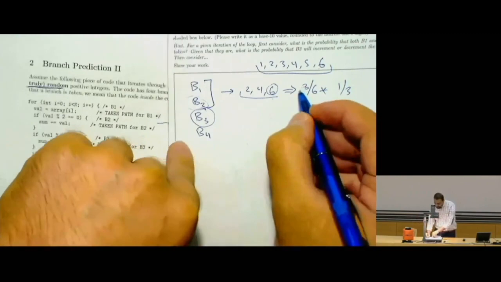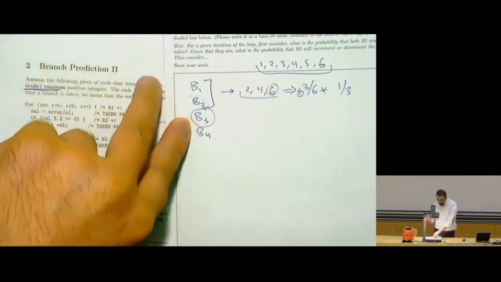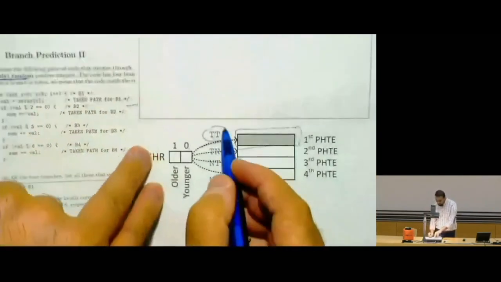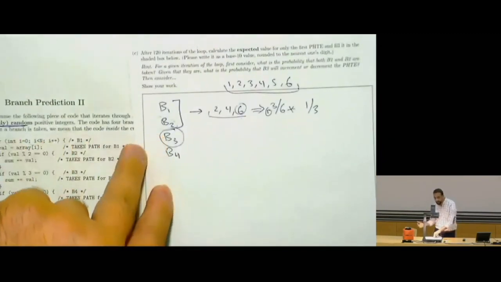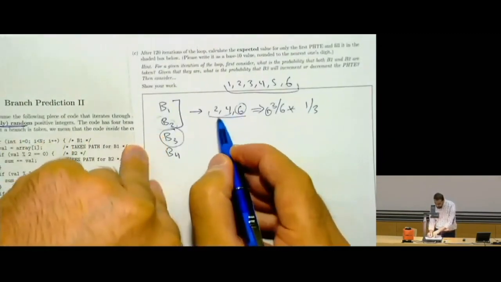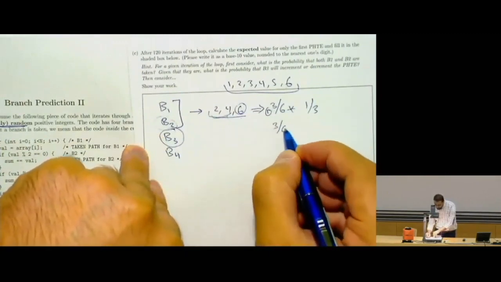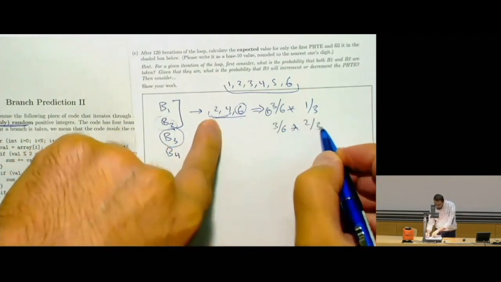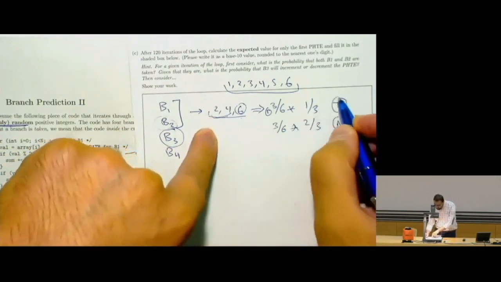Now, this is for the first case where B3 is taken, given that B1 and B2 are always taken based on the entry here. So both of them are taken. Now, for B3 to be not taken, which is the other two values, it's 3 out of 6 multiplied by 2 out of 3. So this is taken, this is not taken for B3.